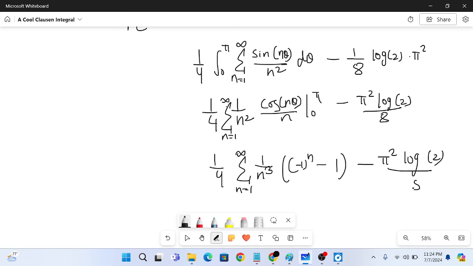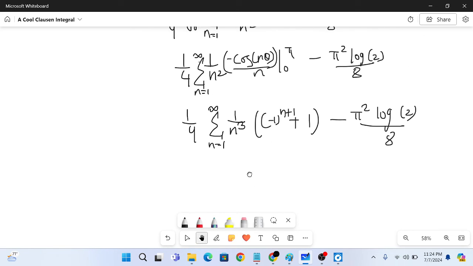I'm not sure if it's going to give me the answer or not, because oh wait, this is sine, and this will be minus cos theta. So this is now minus 1 to the power n plus 1 plus 1. Oh good, now I think it's going to give me the answer.